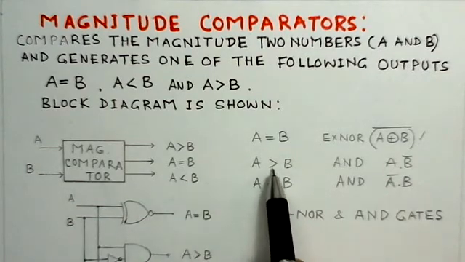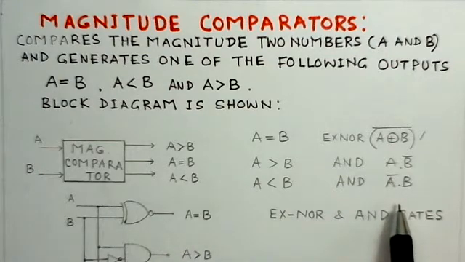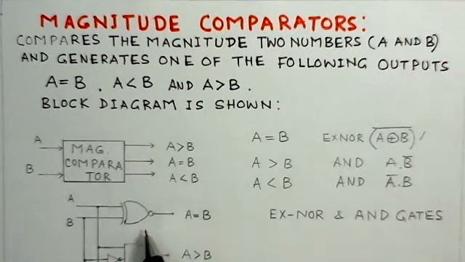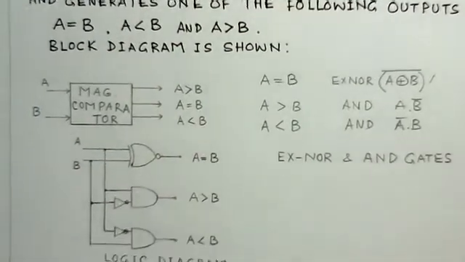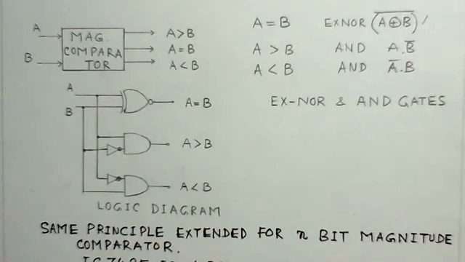Similarly, for A greater than B you get an AND gate, and for A less than B is also an AND gate, and this circuit is implemented here: A equals B, A greater than B, A less than B. This is the corresponding logic circuit that you could make. The same principle is extended for n-bit magnitude comparators. It means the same principle could be extended for a higher number of bits. We have taken 1 bit here, we can take 2 bits and more.